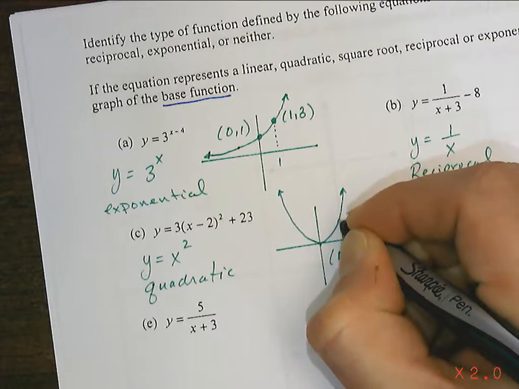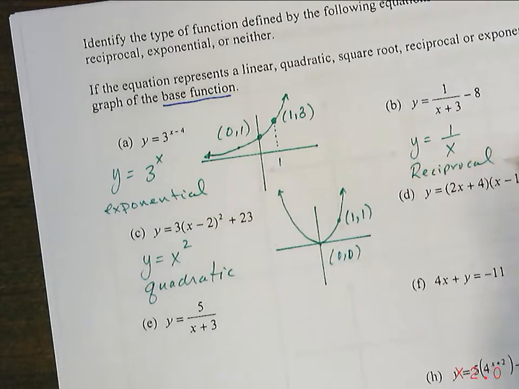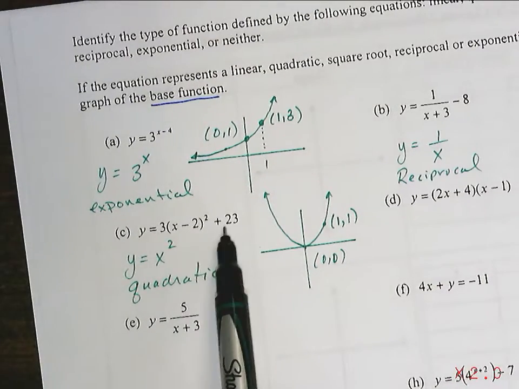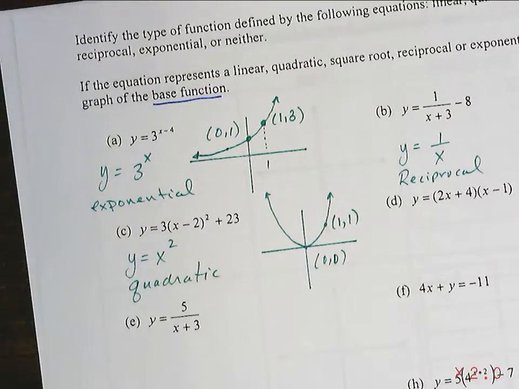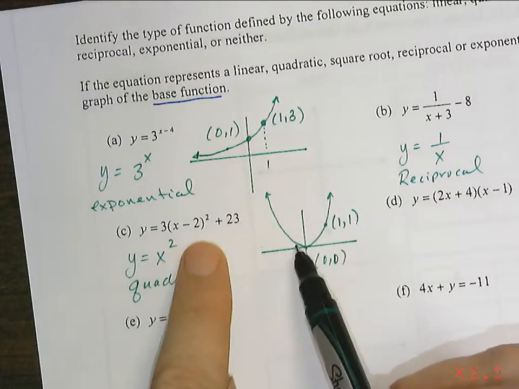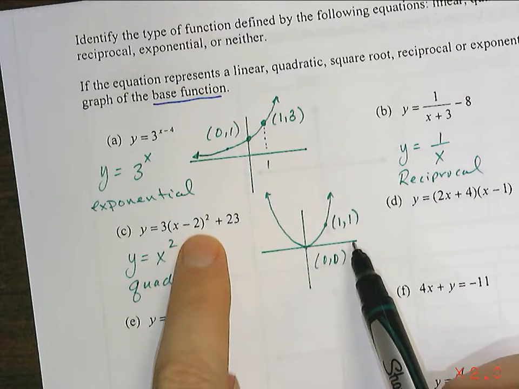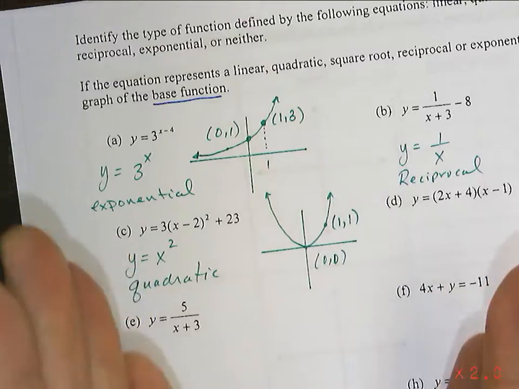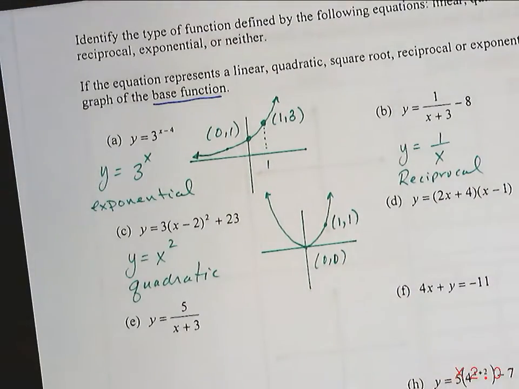We should know another point on it maybe. Maybe 1, 1 is a nice one to know. 2, 4. Now look at this. This negative 2 and this plus 23 and this 3 have nothing to do with what we're going to deal with later on, just the base function. I know that this will take this base function and move it 2 units to the right, 23 units up, and this 3 is going to stretch it by a factor of 3. All of this should be reminding you of grade 10.